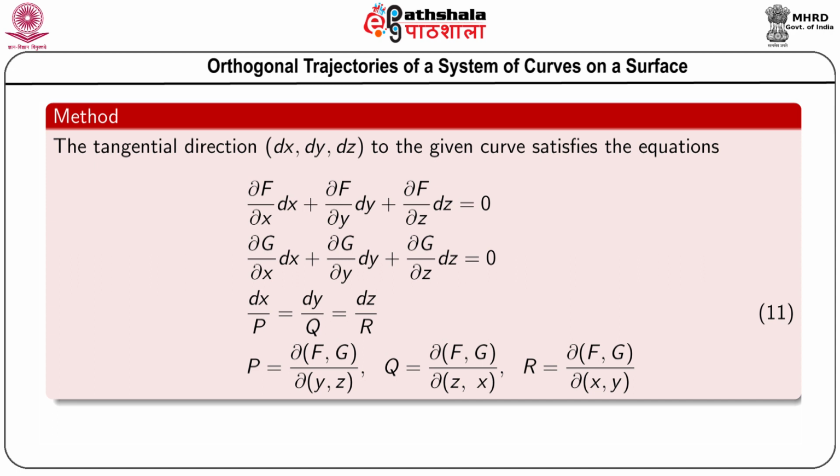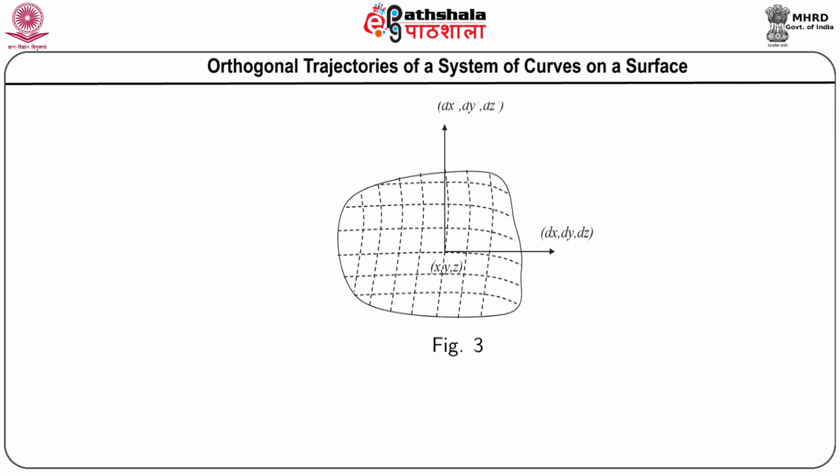So, these are the Jacobians of the functions f, g with respect to the variables x, y, z. Now, we want a direction dx dash, dy dash, dz dash such that it is perpendicular to dx, dy, dz, and at the same time it lies on the surface f.